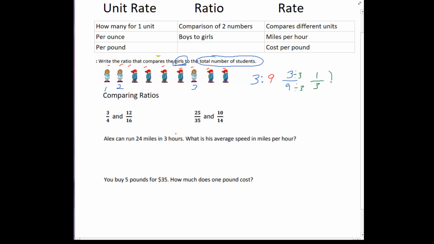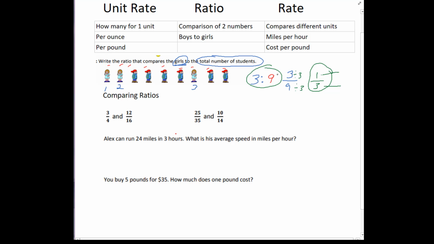Now that's a better answer because it's simplified. Real simply, what that means is for every 3 students in the class, one of them is a girl. This is the total number of students, and this is how many girls are in there. If we go to 6, that would mean there were 2 girls. If we go to 9, that goes to 3, which is the same as our answer.